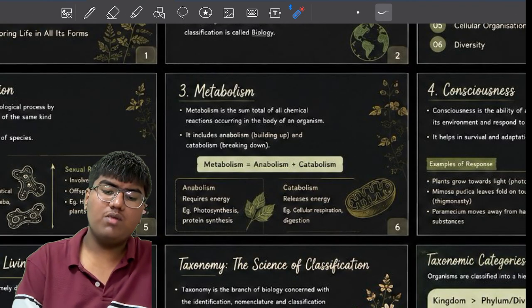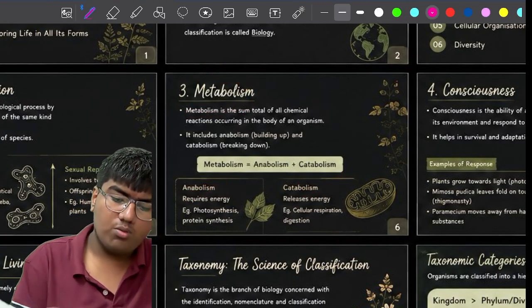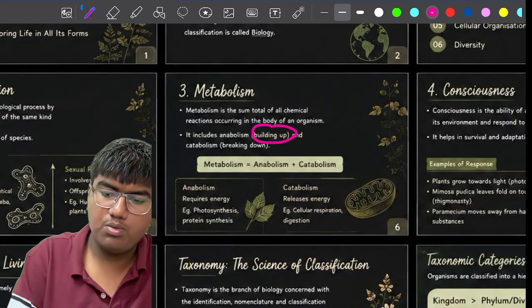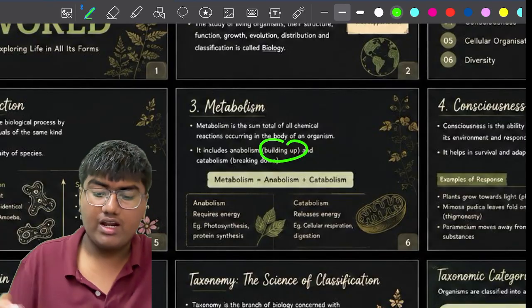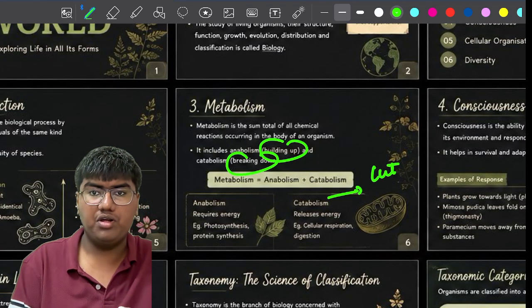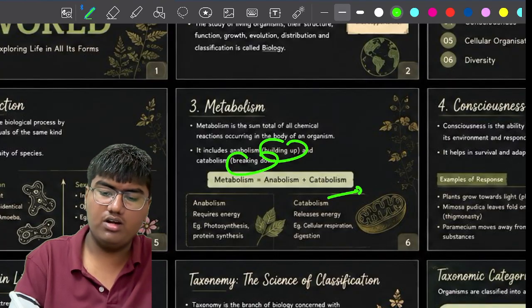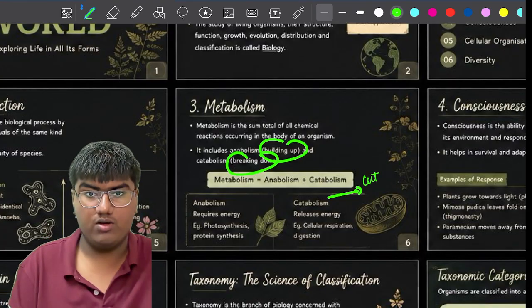Metabolism is of two types, anabolism and catabolism. Anabolism is, sorry, building up. Catabolism is breaking down. Catabolism, you can remember it as cut, which means breaking down.